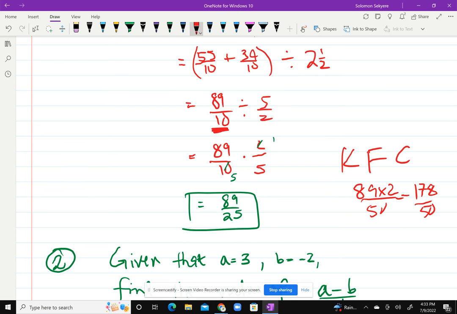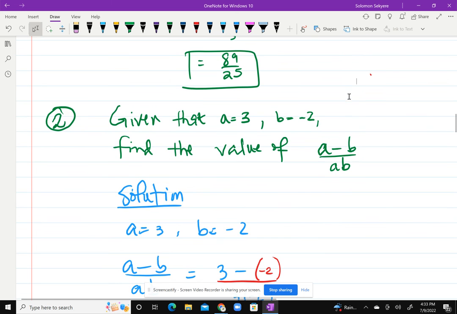It gets bigger. Simplify first. We see the 2 on top here: 2 divided by 2 is 1, and 10 divided by 2 is 5. After that, I don't have any more numbers to divide. So 89/25. That's my answer.